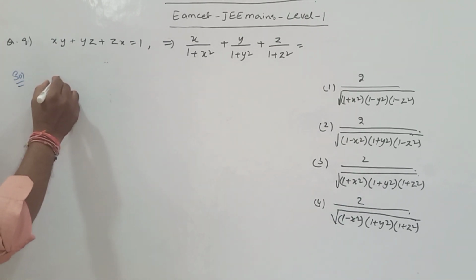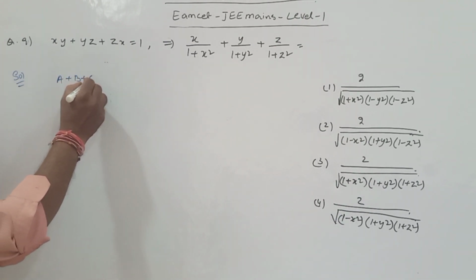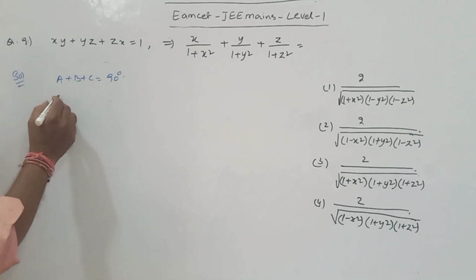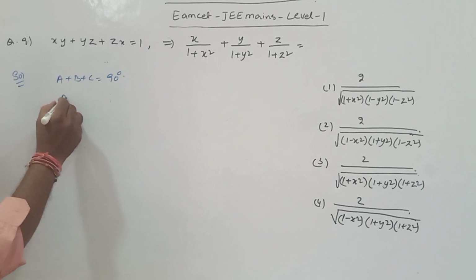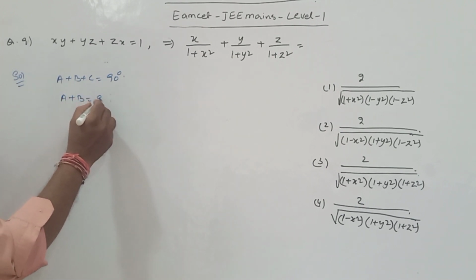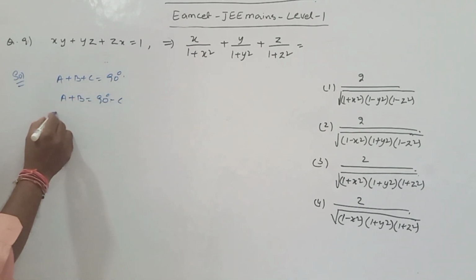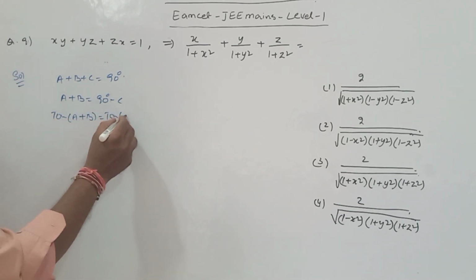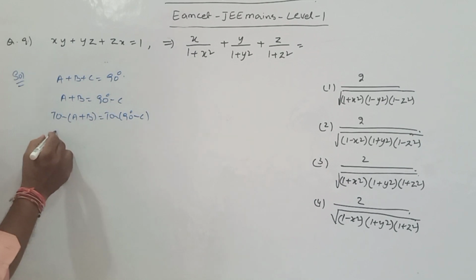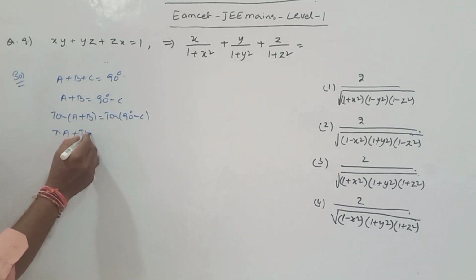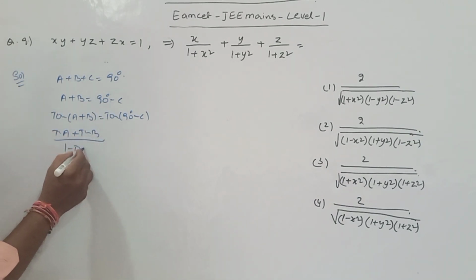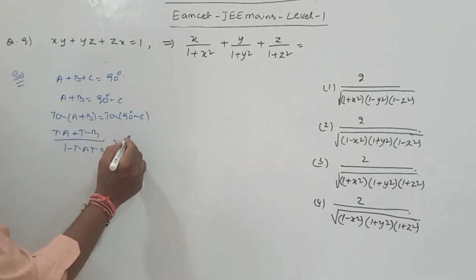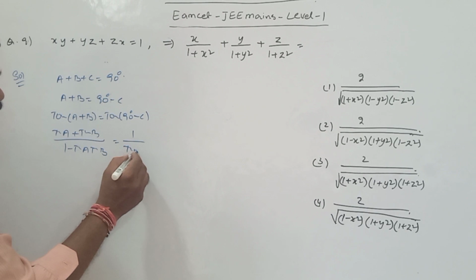You take a plus b plus c is equal to 90 degrees. Then a plus b is equal to 90 degrees minus c. This is tan of a plus b is equal to tan of 90 degrees minus c. This is tan a plus tan b by 1 minus tan a into tan b is equal to cot c, 1 by tan c.